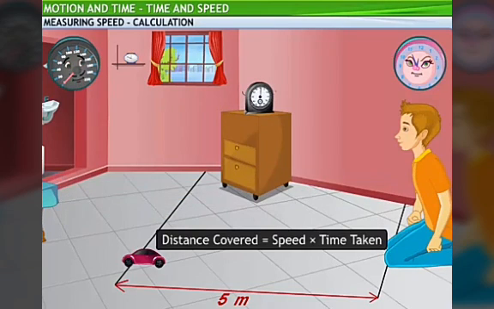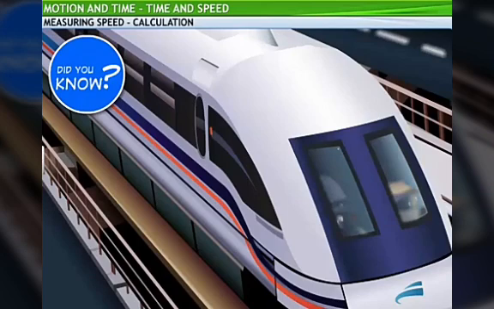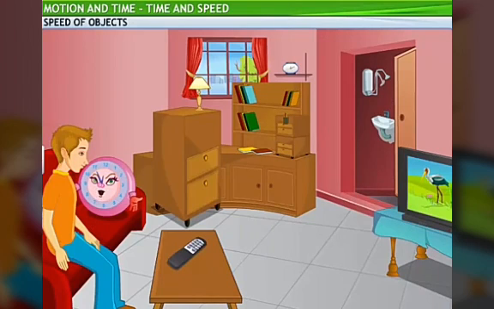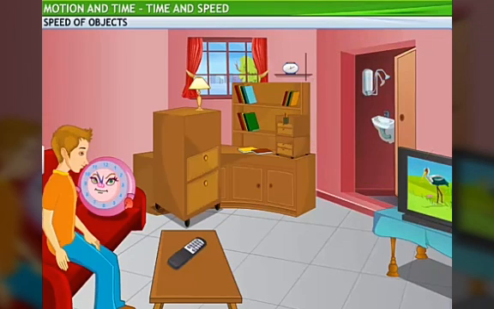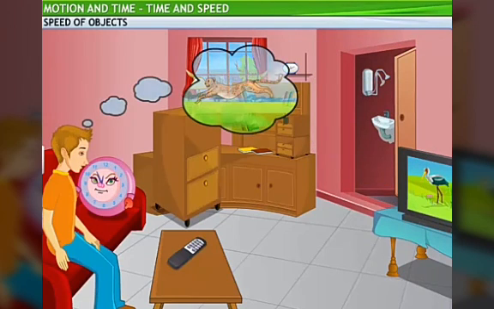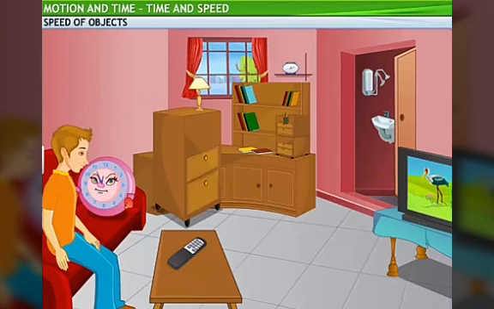Did you know the speed of a maglev train is about 500 kilometers an hour? Speed varies from one object to another. These objects can be animate or inanimate. Yes, I have read that the cheetah is the fastest animal on the earth. Yes, that's right.